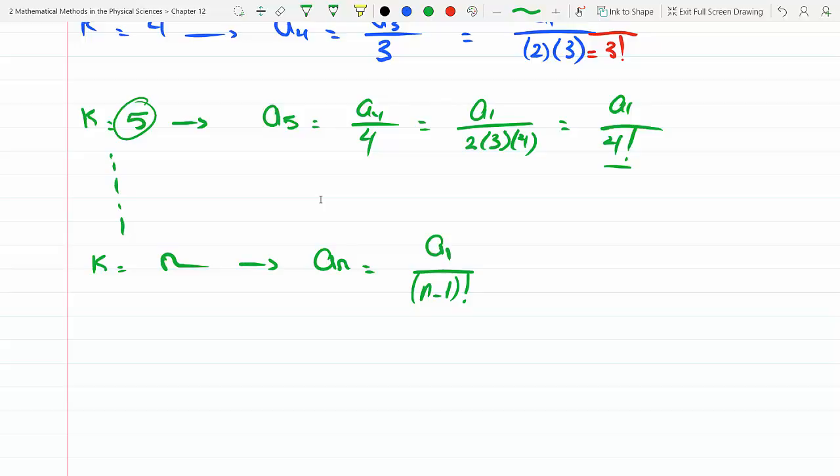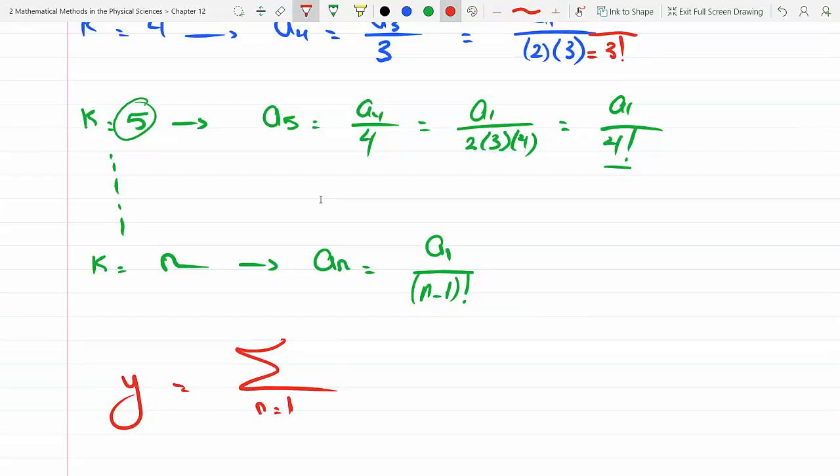So my assumed solution is y equals the summation from n equals 0 to infinity of a1 times, so notice that this is going to be x to the n.